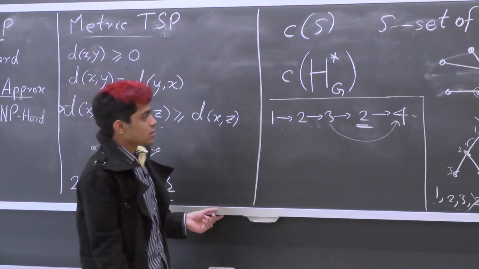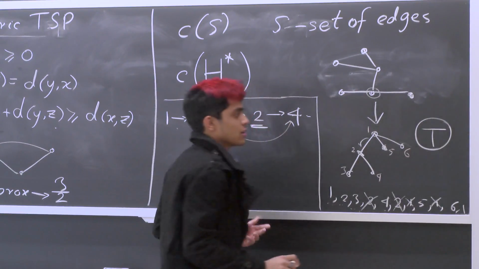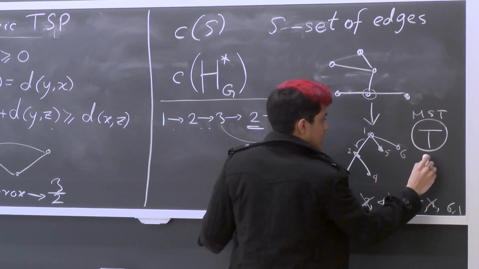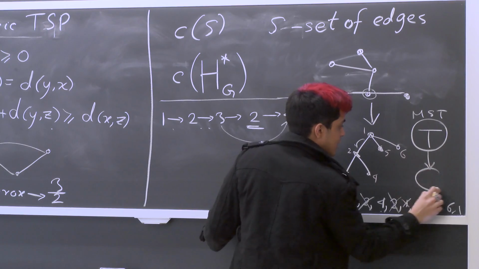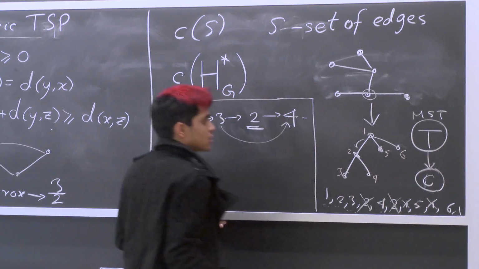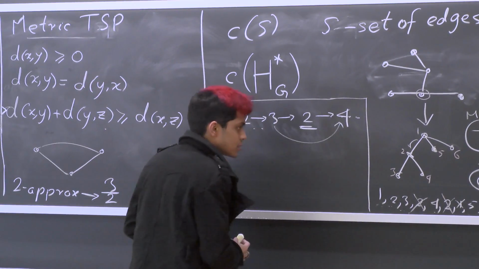So let's call this minimum spanning tree T. That's your MST. And you are removing duplicate edges and getting a cycle C, let's say. Actually, let's take another step back.